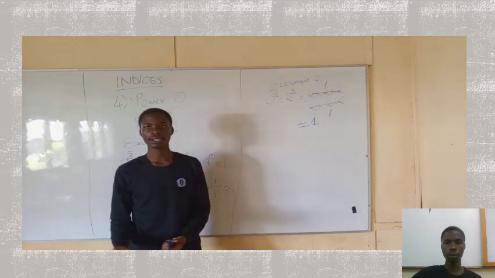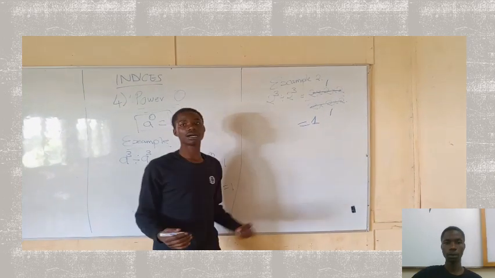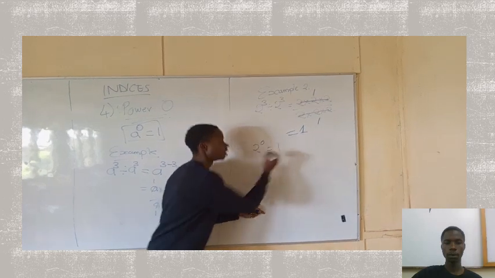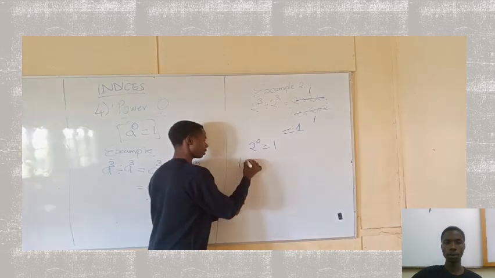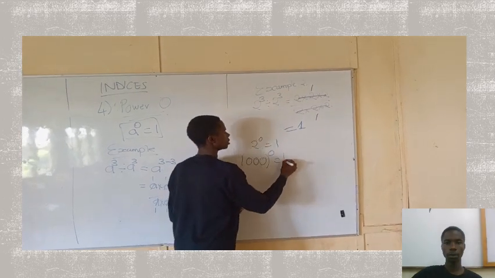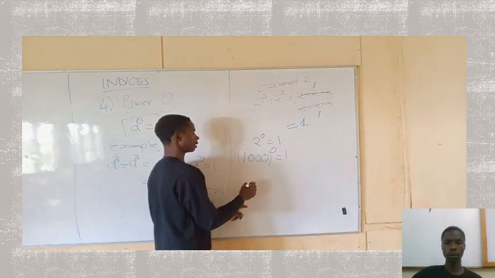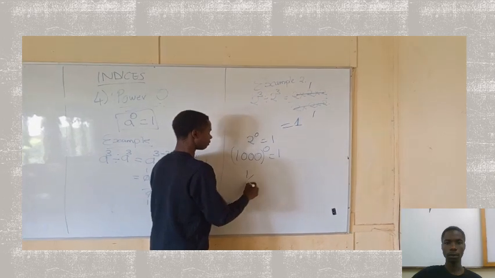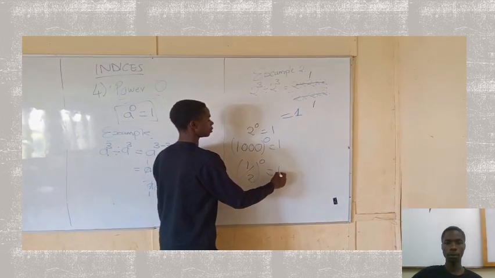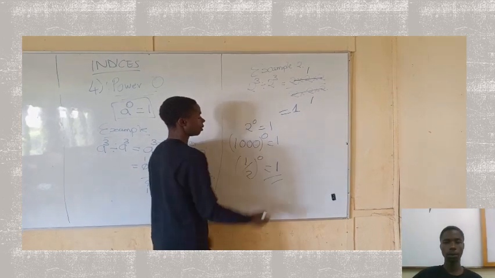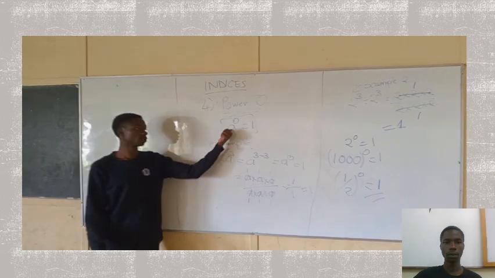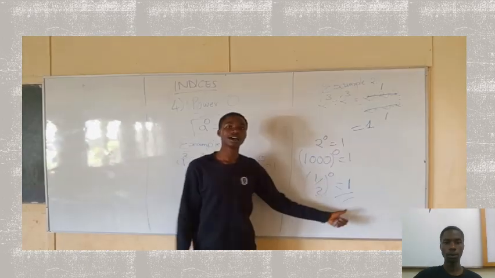This simply shows that any number, let's say 2 power 0 is 1, 1000 power 0 is 1, and even a fraction like a half, power 0, is equal to 1. Now, this is the fourth rule. Any number raised to power 0 will eventually give us 1.